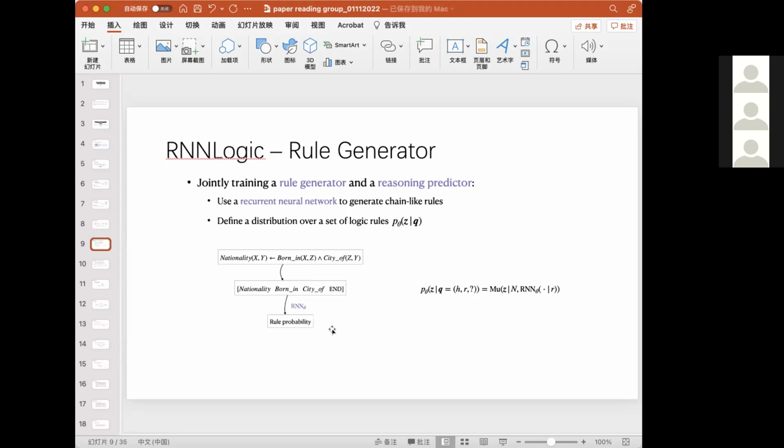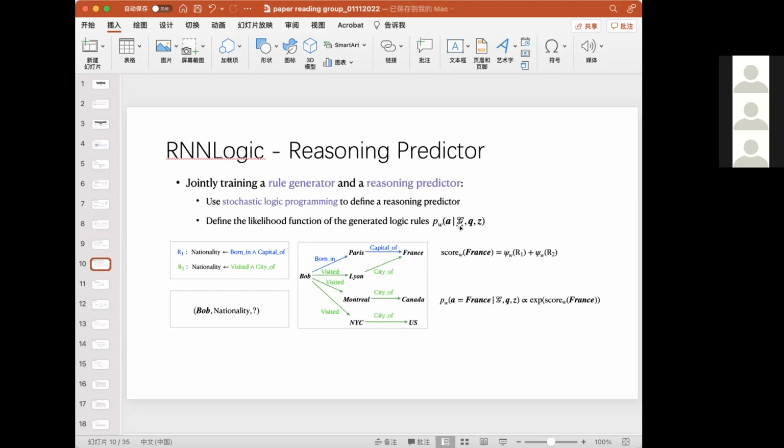And then by sampling the rules based on this probability, we will have a set of logical rules. And then we will feed this set of logical rules to the reasoning predictor. And then the goal of the reasoning predictor is to maximize the probability of the ground truth tail answer being inferred based on this set of logical rules.